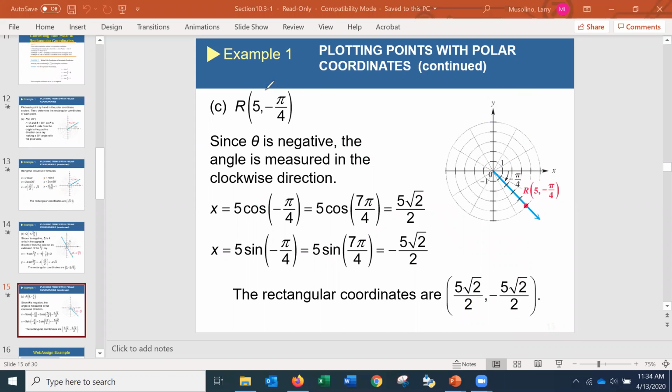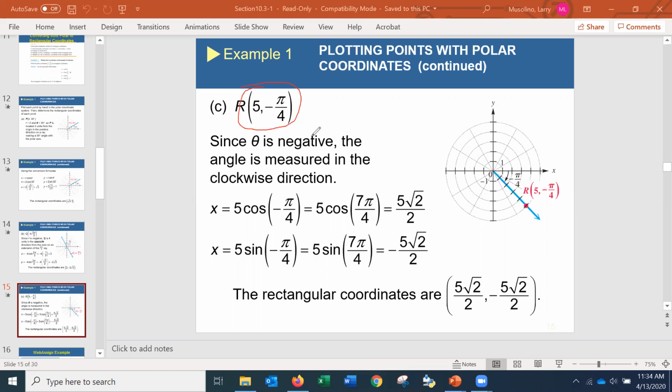All right, so this one says, what about converting 5 comma negative pi over 4 into xy coordinates? Well, the messy part about this is the angle they're giving me is negative. But I usually don't like to work with negative angles.